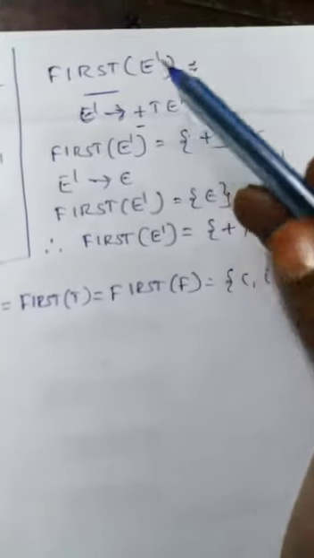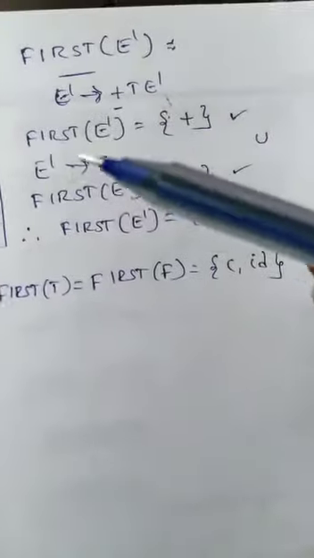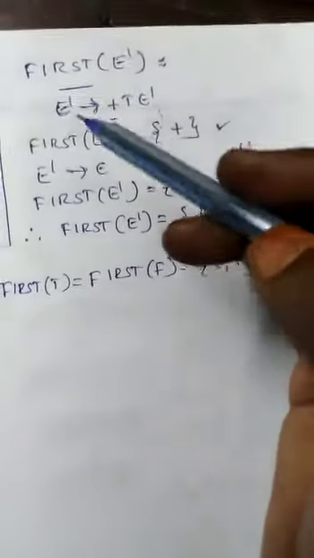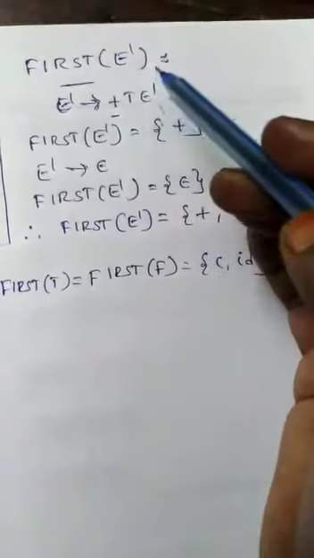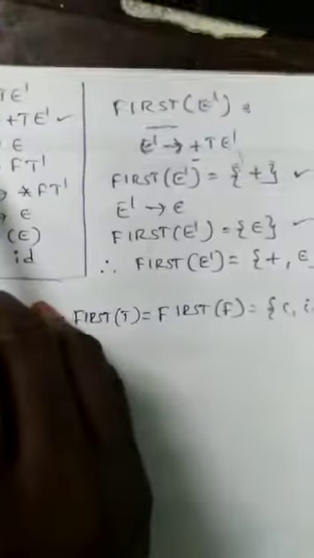Now for the remaining non-terminals, we find the first values for E dash and then T dash. So E dash and T dash, how do we take this process? Suppose we find the first of E dash, so we take the E dash grammar.